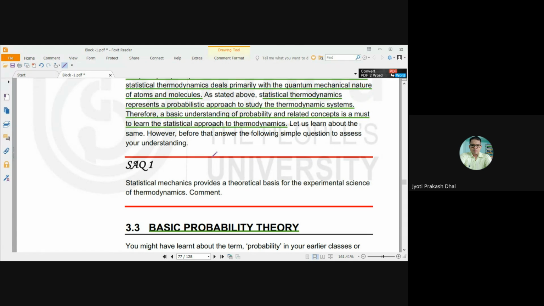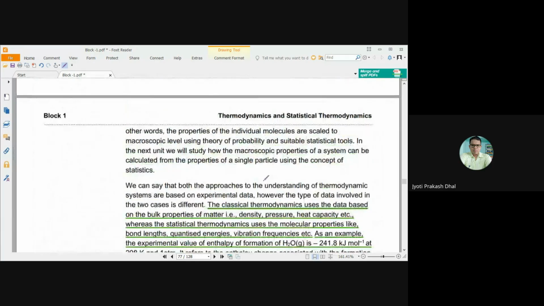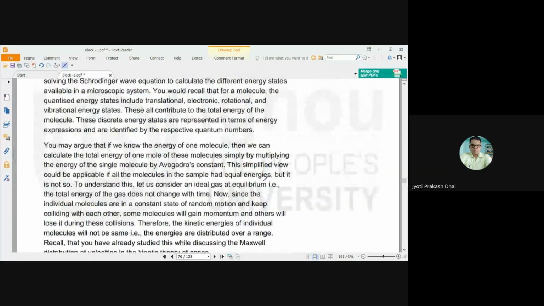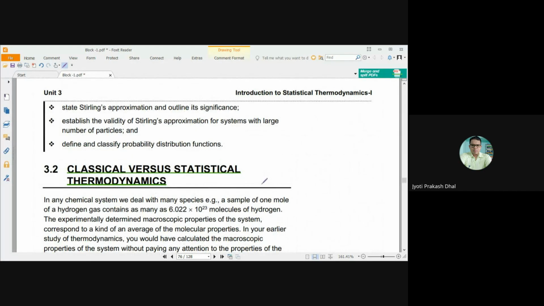You have not studied it up to your graduation level, so that is a new type of thermodynamics. We'll start statistical thermodynamics from the next class.